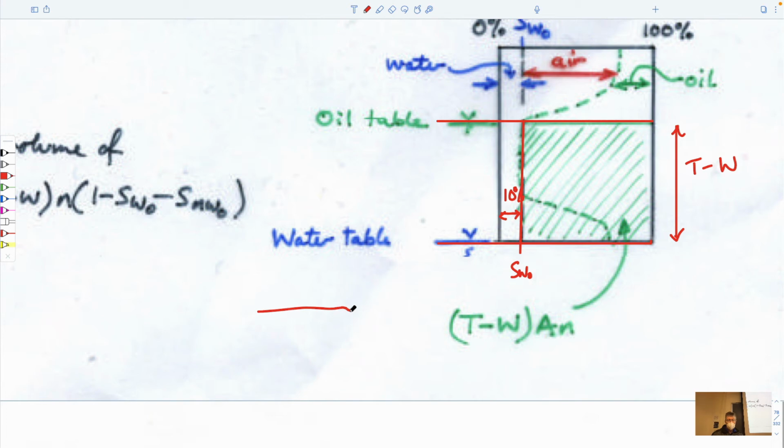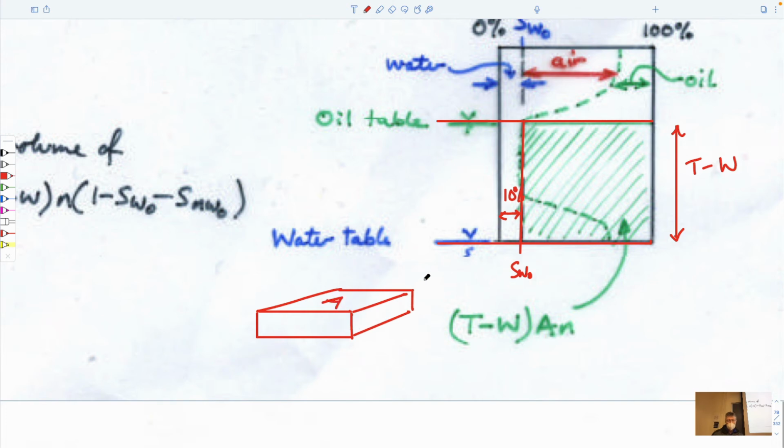So if you draw it out in plan view, this is your lens that's sitting on top of your water table. It's of some area A. See if I can draw this in perspective.